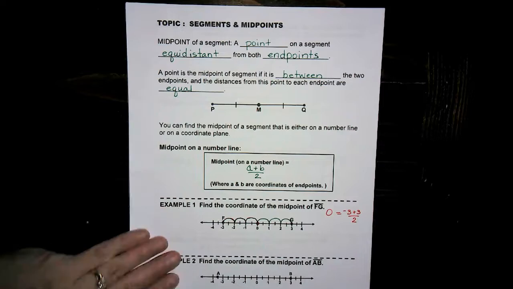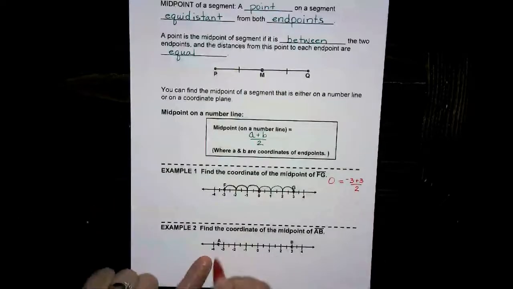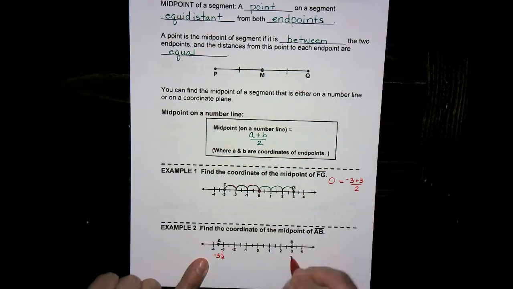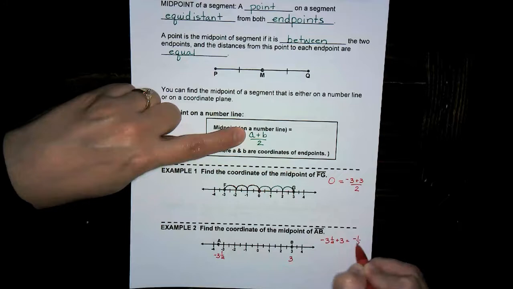Let's look at number 2, where it might be a little bit more difficult. I noticed that A is halfway between -4 and -3. So A is at -3.5 and B is at 3. So this is when the formula becomes a little bit friendlier. We're going to add the 2 together. -3.5 plus 3 will give us -1/2. And then we divide by 2.